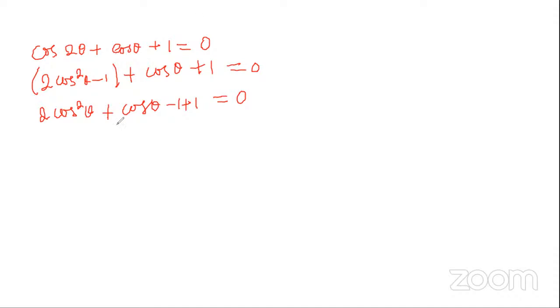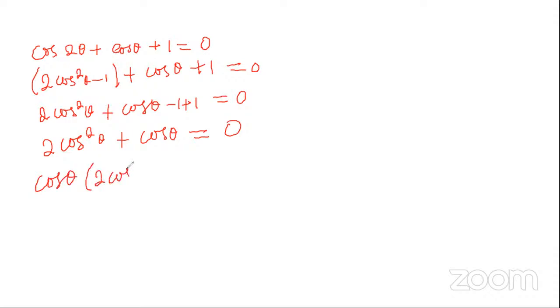Then we remove the minus 1 and plus 1, which is already 0. Now we factorize out the common factor. And what is the common? Cos theta is the common factor. So here we shall remain with 2 cos theta plus 1, which is equal to 0.